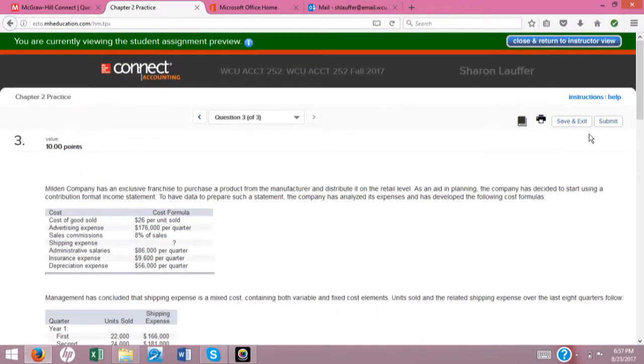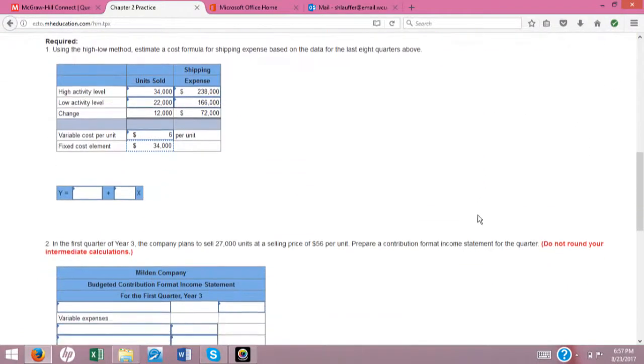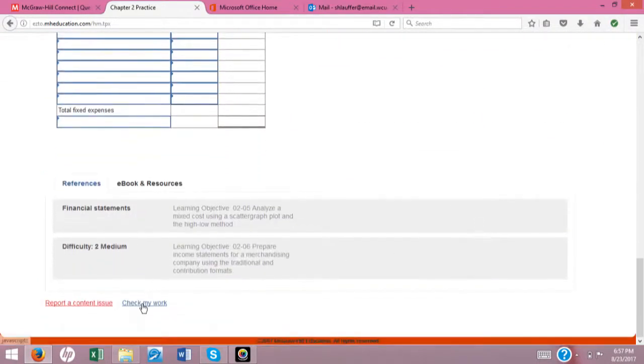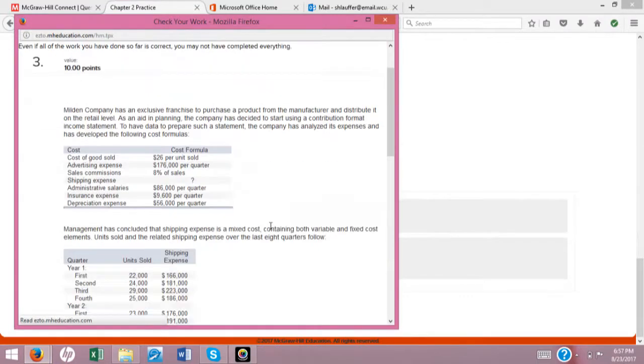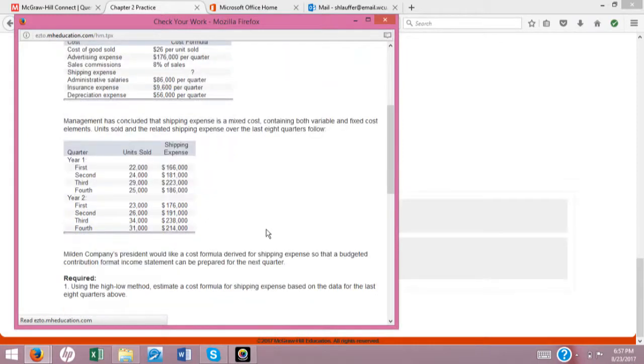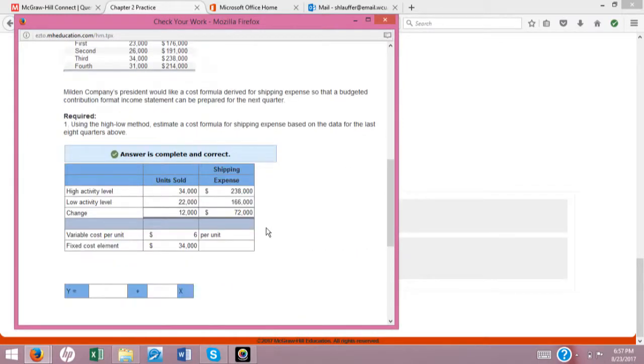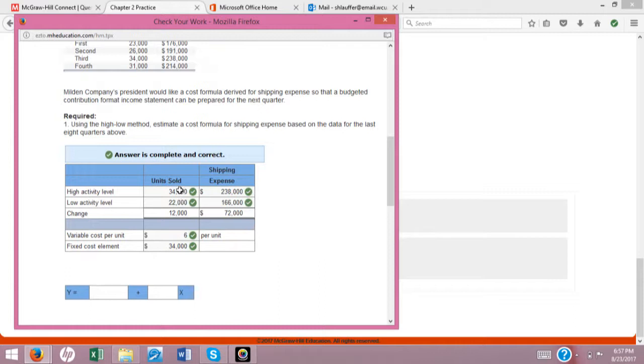All right, and I have a little cheat down here that says check my work. Let me make sure my calculations are actually correct before we move on. All right, so there's our high amounts, there's our low amounts. We've used the difference. We've calculated our amount per unit by dividing our total shipping expense by our units sold, and that's using that change line.